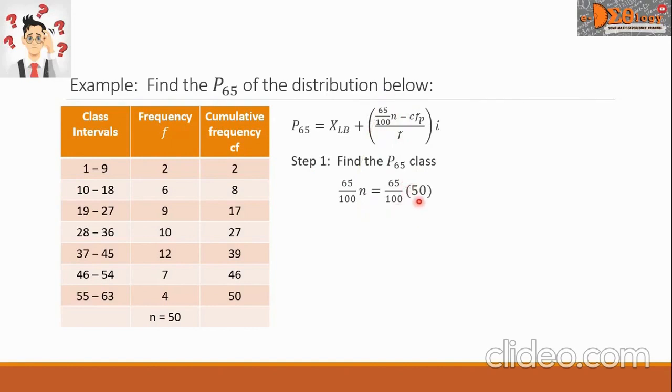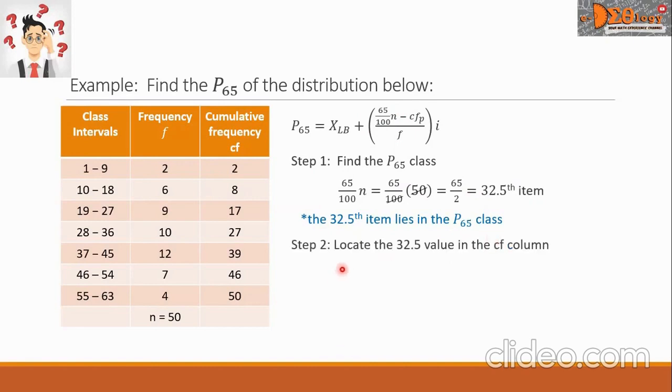We can cancel out this 50 and the 100. So we have 65 over 2, and that is equal to 32.5. This is the 65% of the distribution. So we are looking for the 32.5 item. We say that the 32.5 item lies in the P sub 65 class.